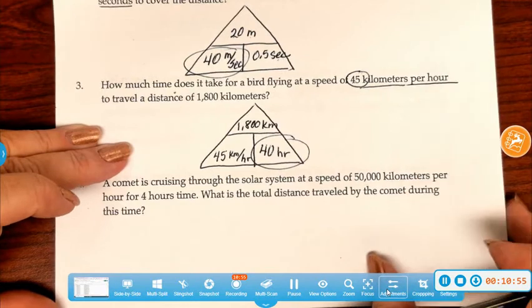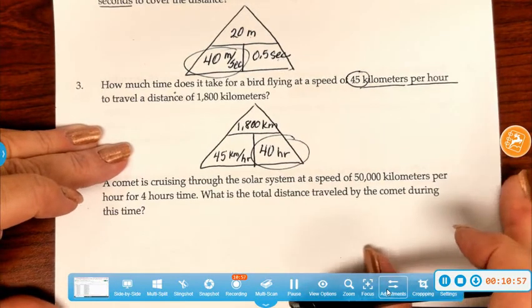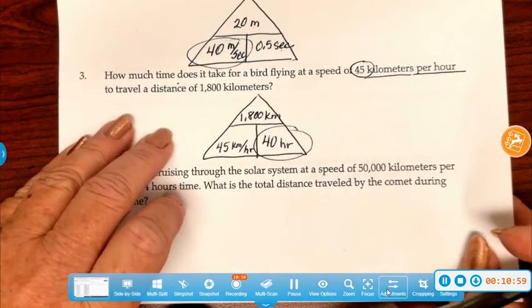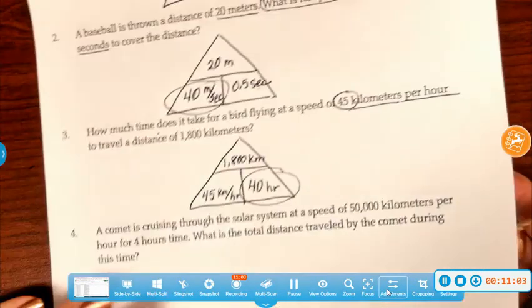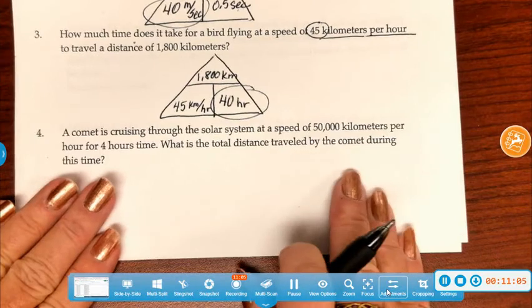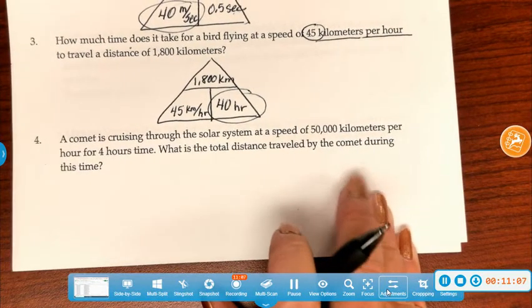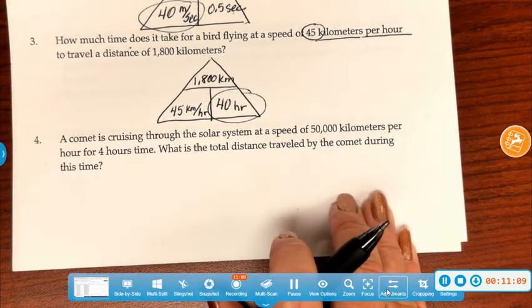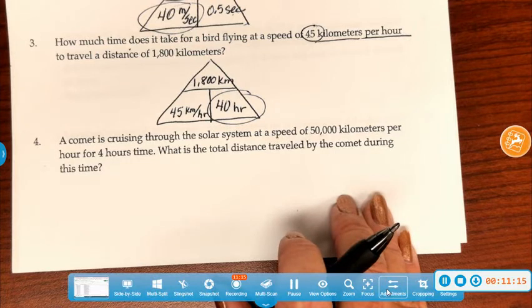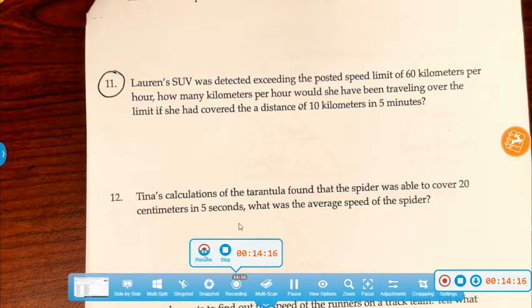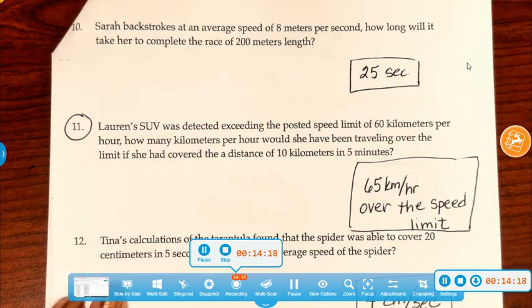Please try the rest of these, and I am going to write down the answers here so that, as you're working, you can see if you're doing them correctly. All right, here are your answers.